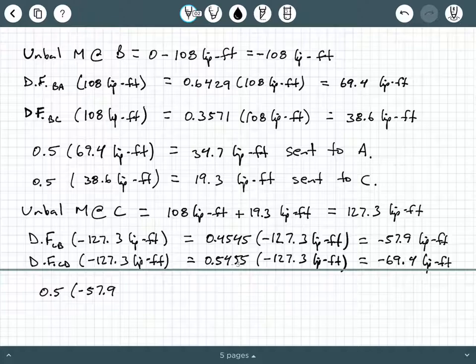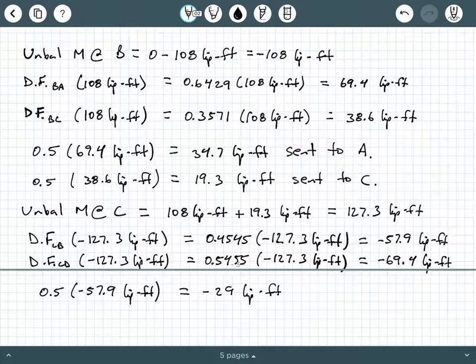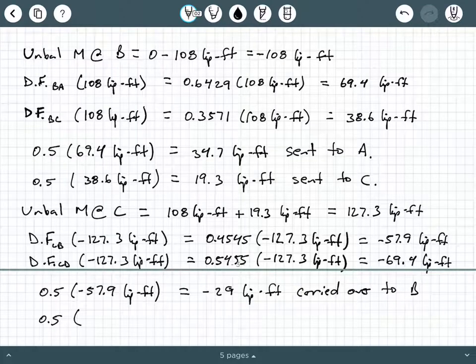And then we need to, remember, carry over 50% of each of these values to the adjacent supports. So we're going to carry over 0.5 times negative 57.9 kip feet. That ends up being basically negative 29 kip feet, and that's carried over to B. And then we're going to say 0.5 times negative 69.4 kip feet.